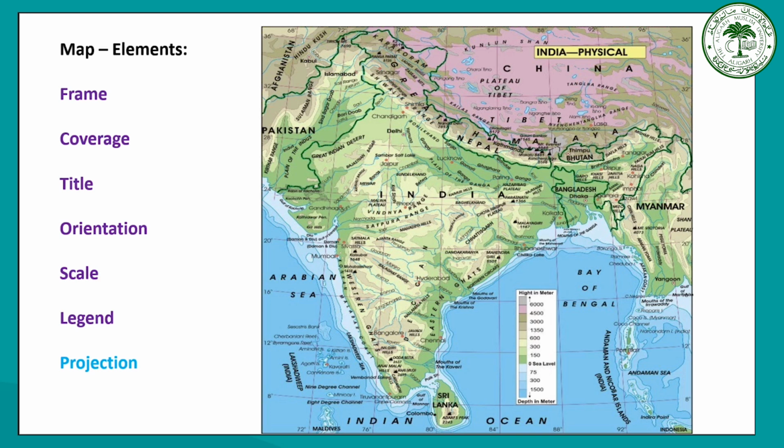Projection is the process of converting three-dimensional space onto a two-dimensional flat plane. This plays a very important role in representing any spatial location of the Earth's surface in a flat plane area.